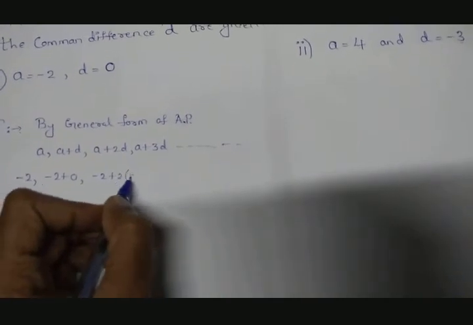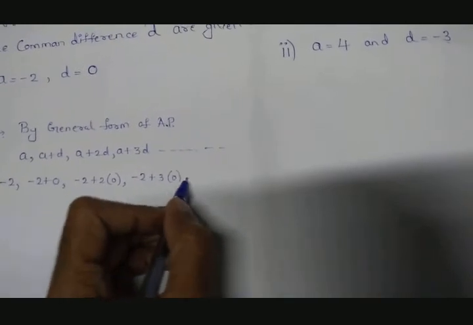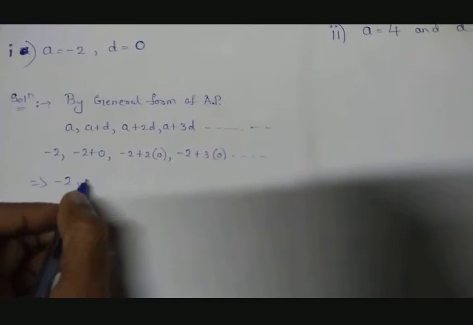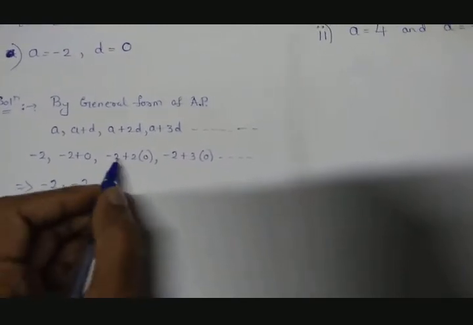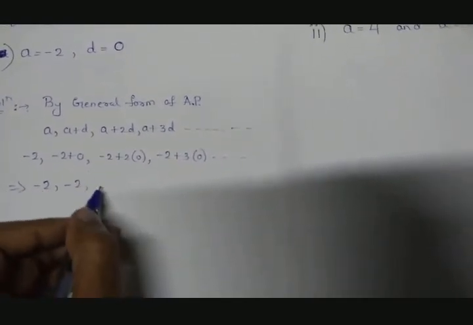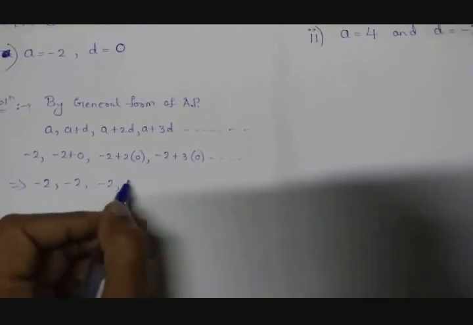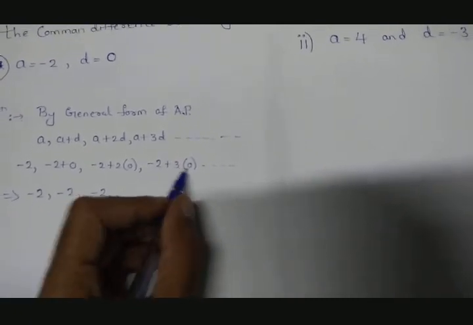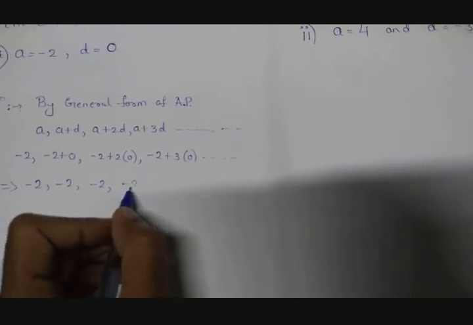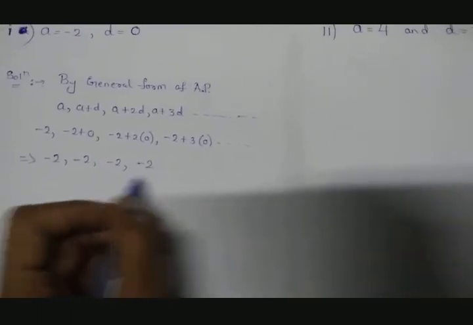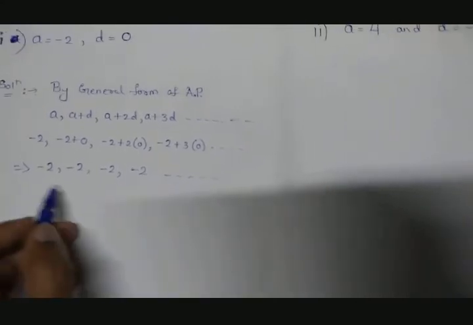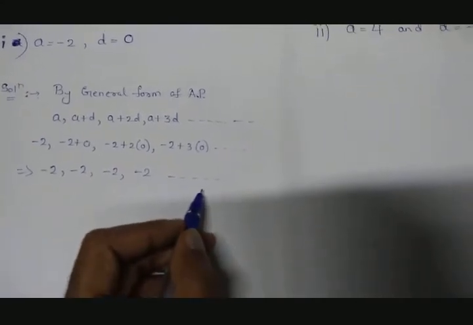So minus 2, minus 2 plus d, which is 0, minus 2 plus 2 into 0, minus 2 plus 3 into 0, and so on. So this implies minus 2, minus 2 plus 0 is minus 2, and again 2 into 0 is 0, so minus 2 plus 0 is again minus 2, and 3 into 0 is 0, so minus 2 plus 0 is again minus 2. So these are the first 4 terms of the arithmetic progression, and this continues.